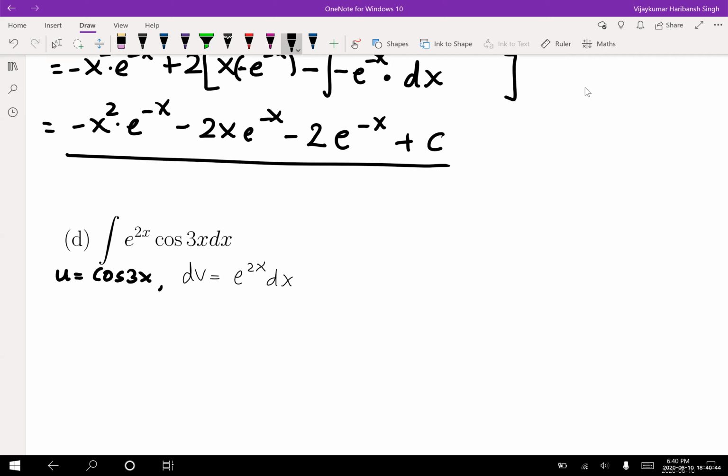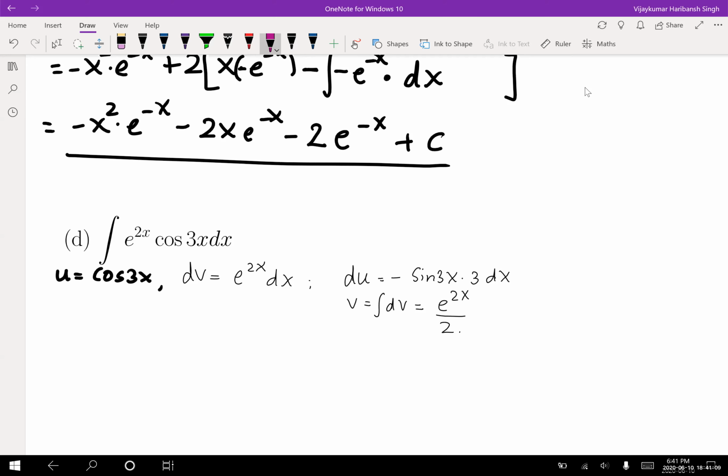So now, since we already need du, let's compute. Du is going to be minus, so derivative of cos is sine. So sine 3x multiplied by 3 dx, and dv, so v is integration of dv, which is e to the power 2x divided by 2.